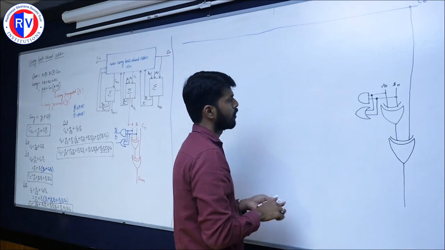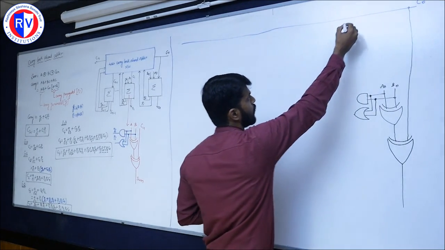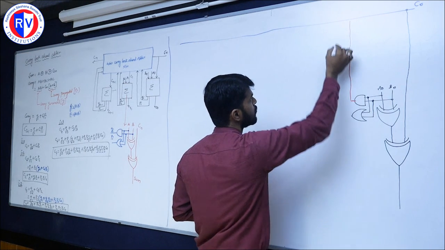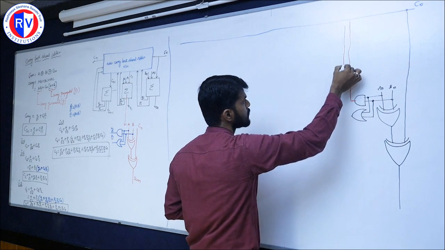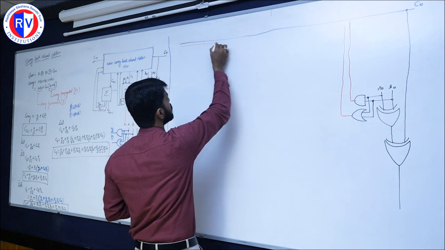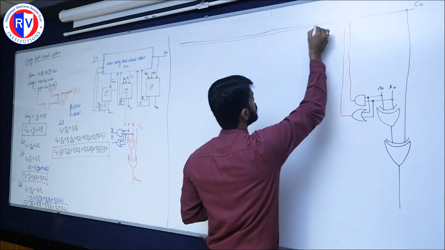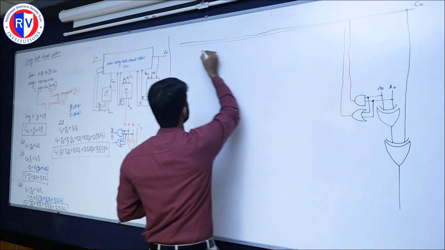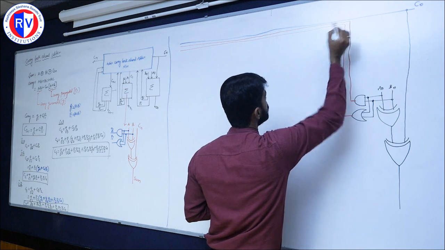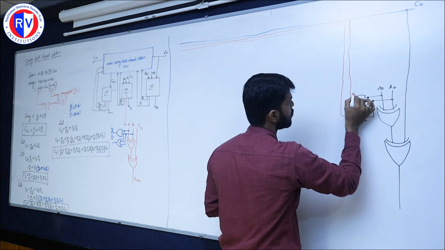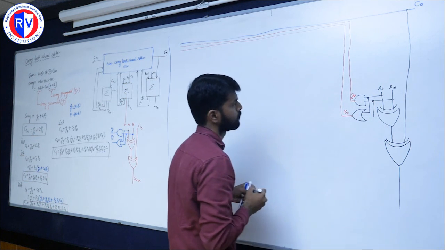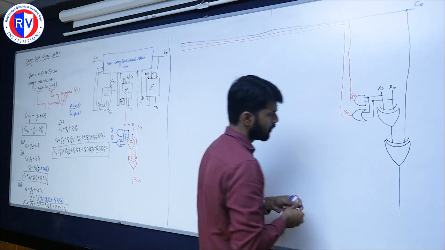One is carry propagated, another one is carry generated. So these two are G naught and P naught. This is my S naught.